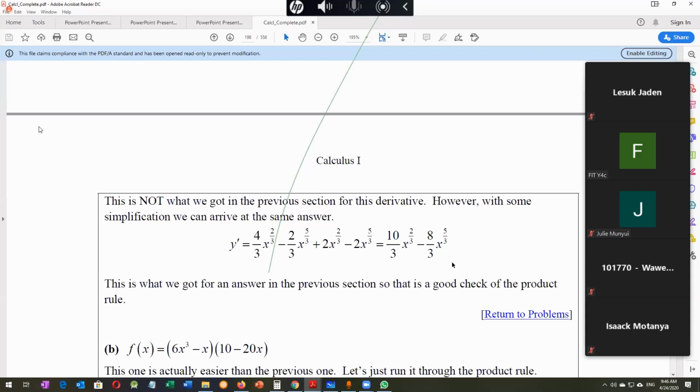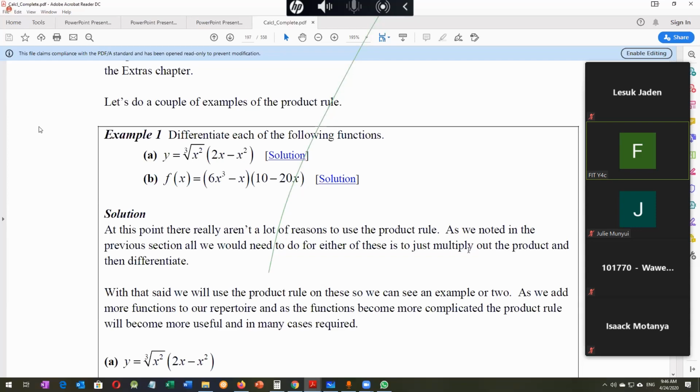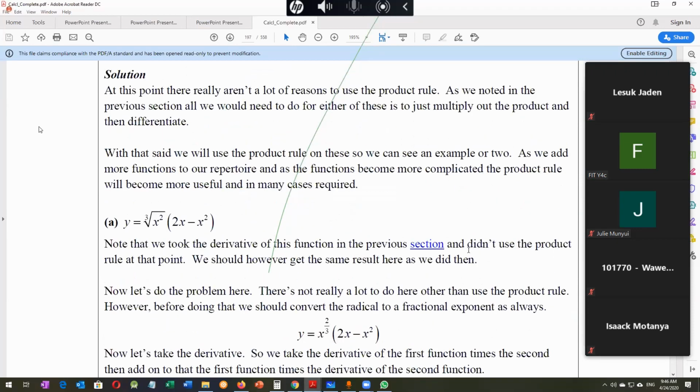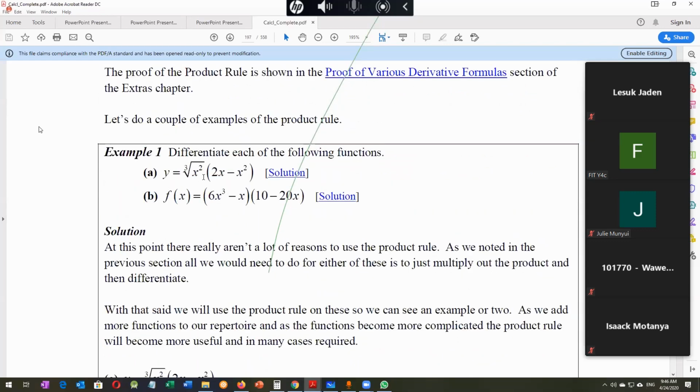I used the chain rule. The chain rule. Let me see if the chain rule applies here. Why did you use the chain rule? Because I assigned the cube root as f of u, and then the second part as u, as 2x minus x squared.